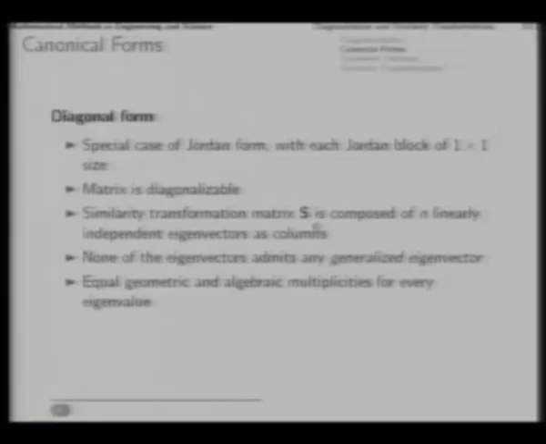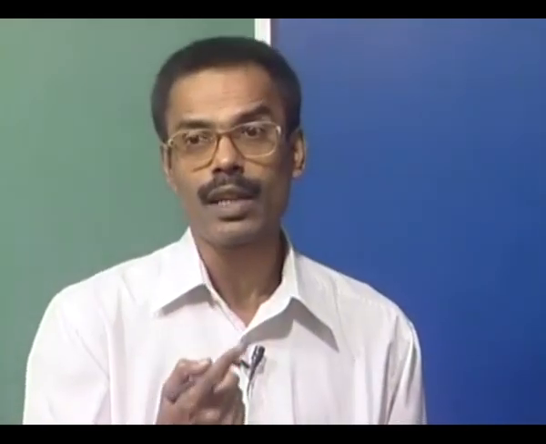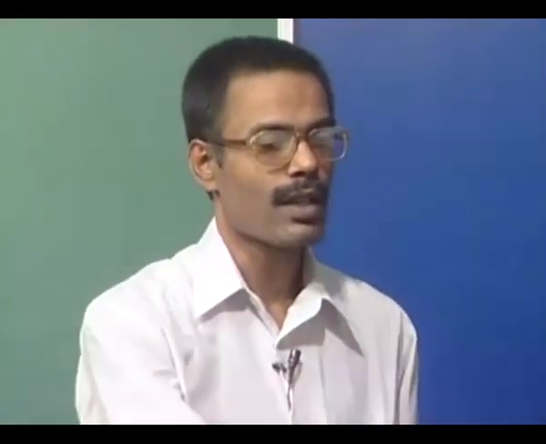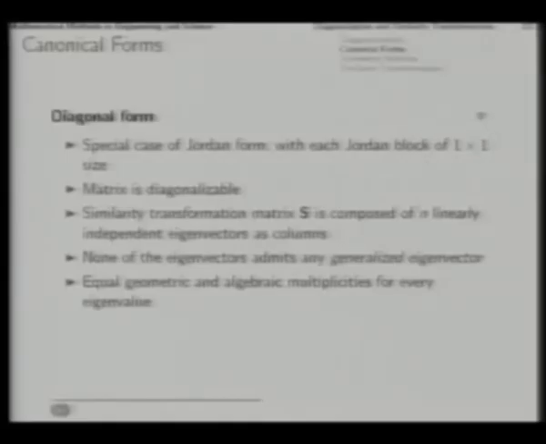So, the similarity transformation matrix S is composed of all eigenvectors, that is n linearly independent eigenvectors as columns, and that means all linearly independent eigenvectors exist in this case when the Jordan blocks are of 1 by 1 size, or the matrix is diagonalizable.